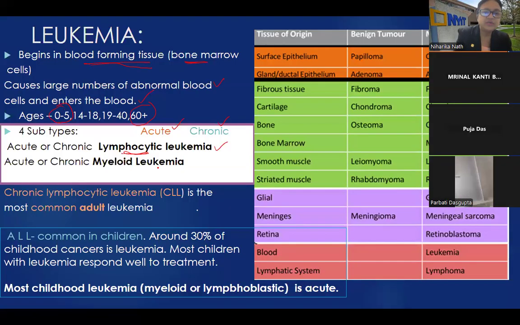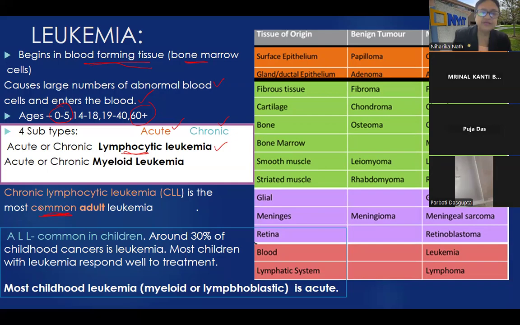In adults, lymphocytic leukemia is mostly chronic. It's called CLL, and in adults that's very common.